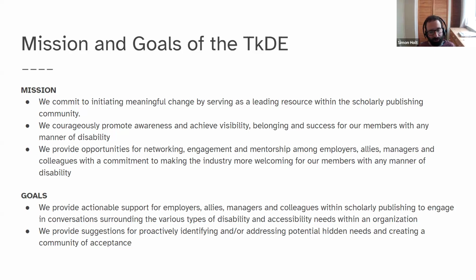So we wanted to do something that would be a vehicle to build a community around disability inclusion within the scholarly communications industry. So people didn't feel on their own, whether that's you as an employee, but actually if you're an employer as well and you want to provide the right support for people.